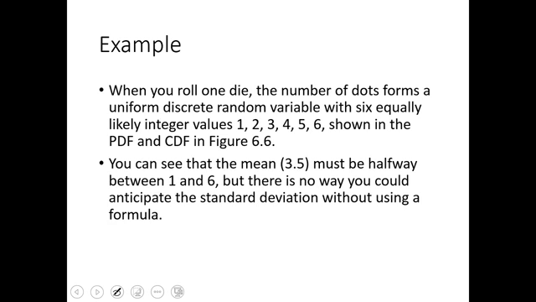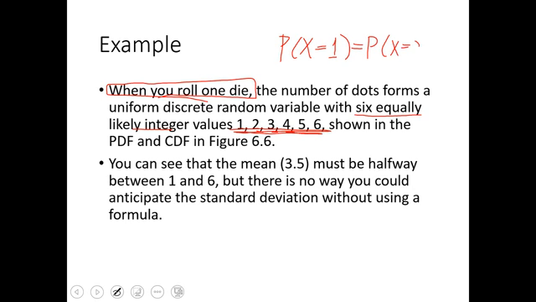Okay. So for example, if you roll one die, that is a very good example of a uniform distribution. We have 6 possible outcomes: 1, 2, 3, 4, 5, 6. And for all of these possible outcomes, the probability is the same. The probability that x is 2 is the same as the probability that x is 6, and that is 1 over 6.